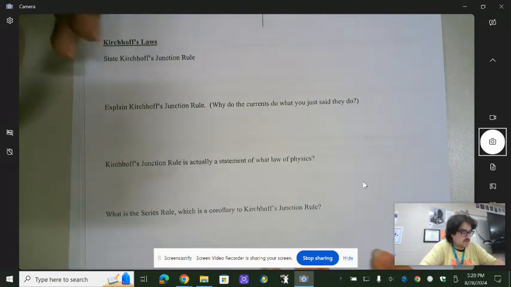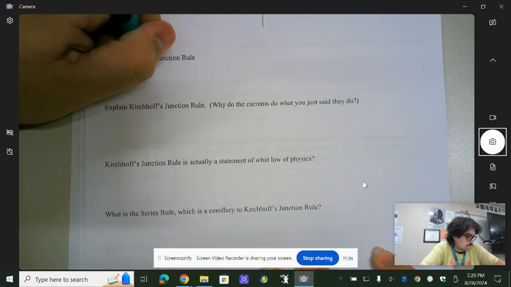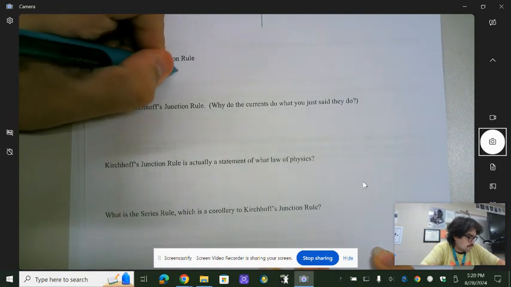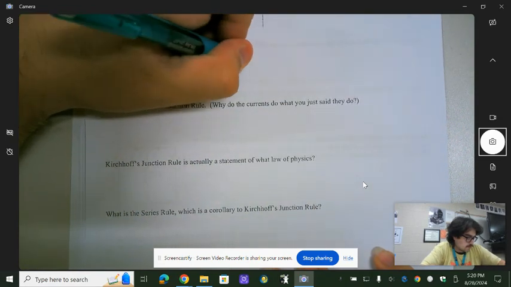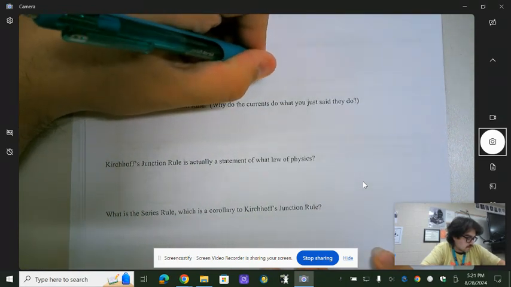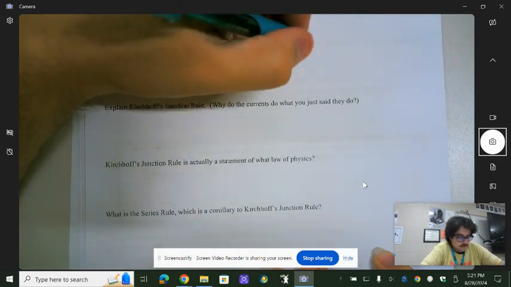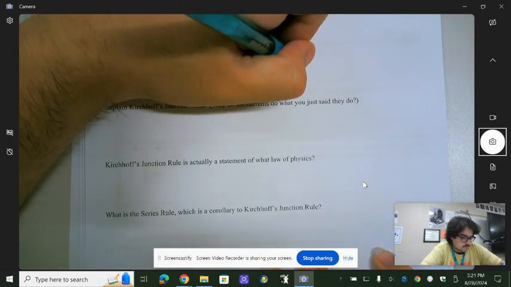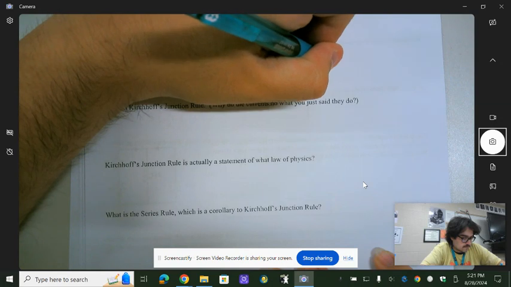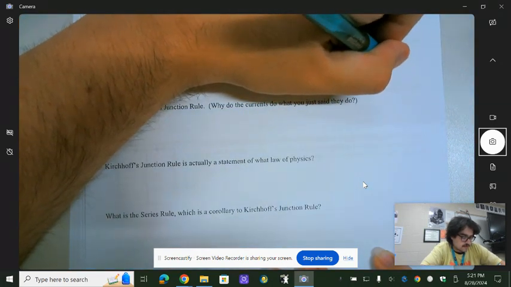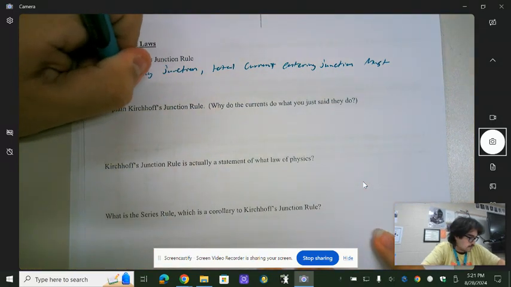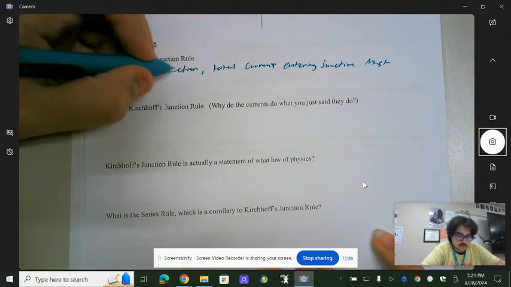The junction rule states that at any junction, the total current going in or entering the junction must equal the total current leaving.